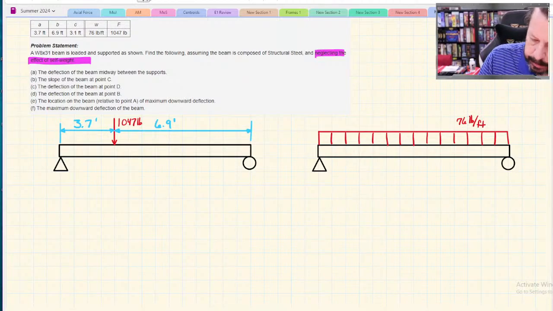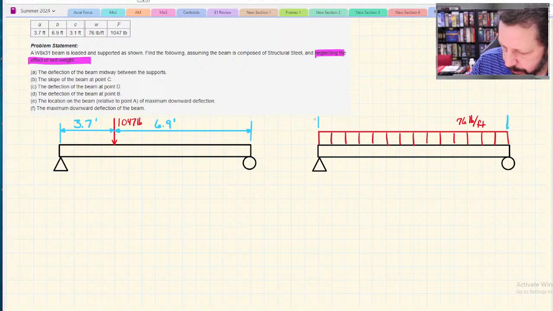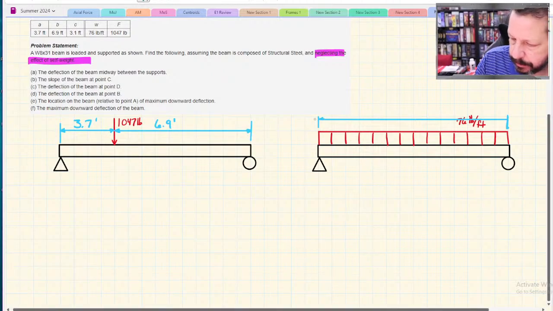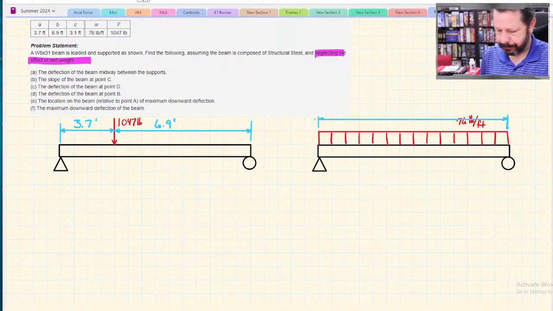And this distance is the sum of those other two. That's 11.6. I've got to find my calculator. Oh, 10.6. 10.6.